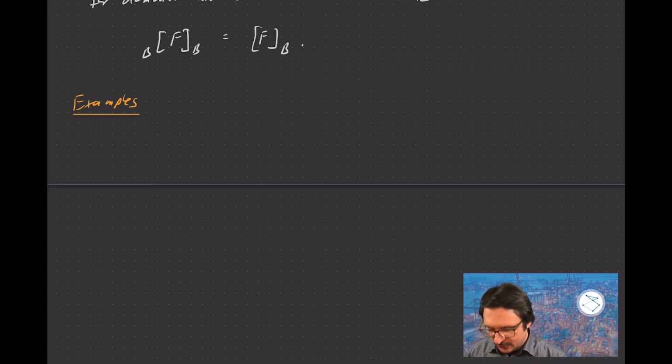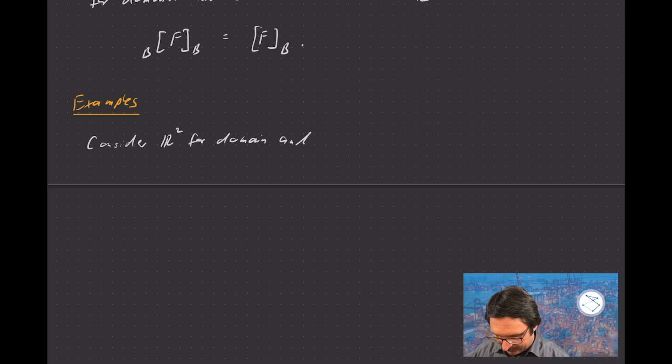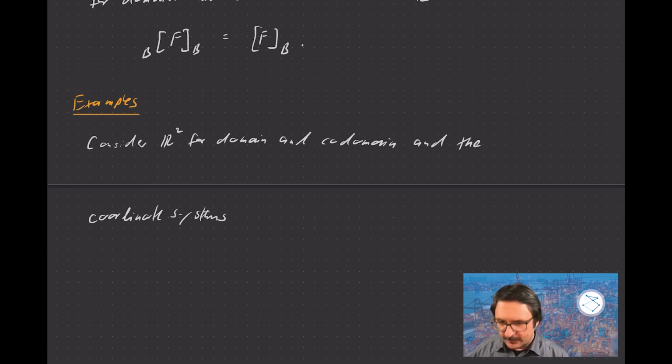Let's consider R2. And we'll use R2 for both domain and codomain. But we use different coordinate systems. We start with the coordinate system B for the domain, and that is 1, 1 and minus 1, 1.